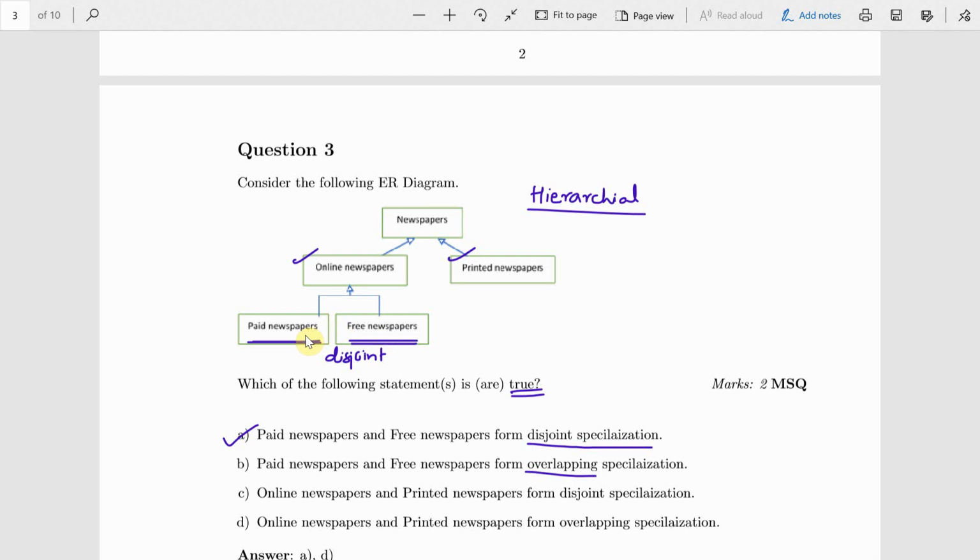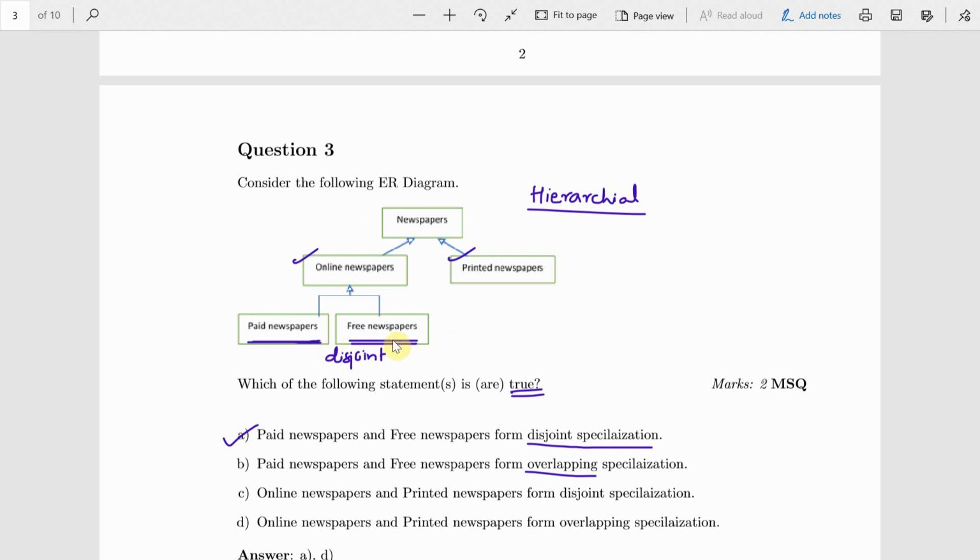If you are selling a newspaper, you cannot give it freely. Don't argue, sir, that I will purchase a newspaper and give it to some other persons freely. That is not a scenario. I am explaining a real-time scenario, because the ER model is to represent real-time scenarios.